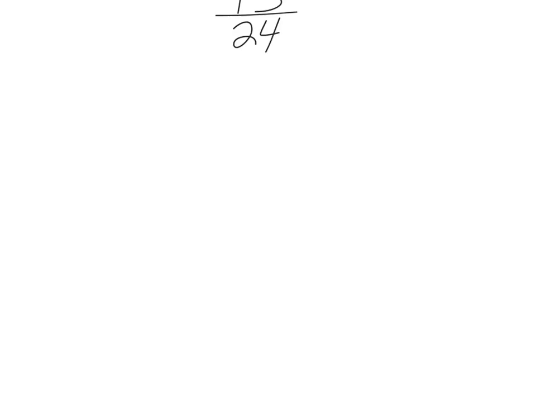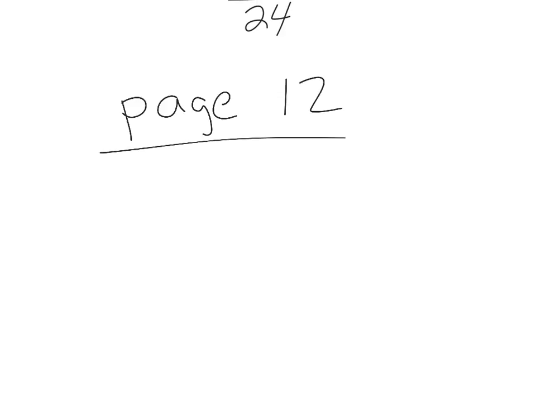Okay, you're going to do some order of operations practice in the book. And we're going to page 12. I've handpicked a certain number of problems that are exactly like the ones that'll be on your quiz tomorrow. So if you can do these, you're going to be okay.